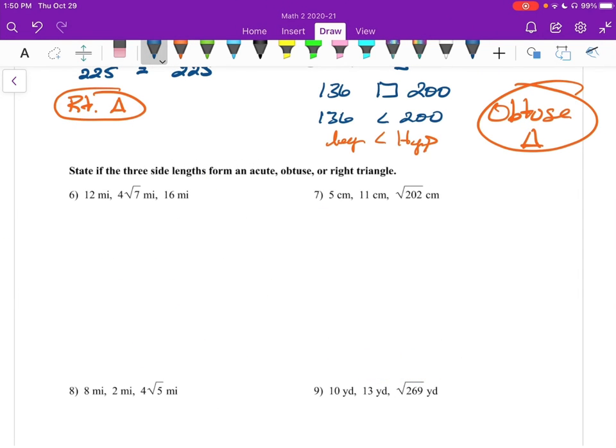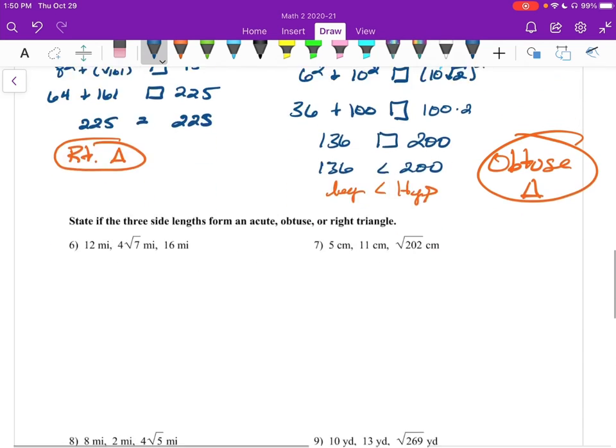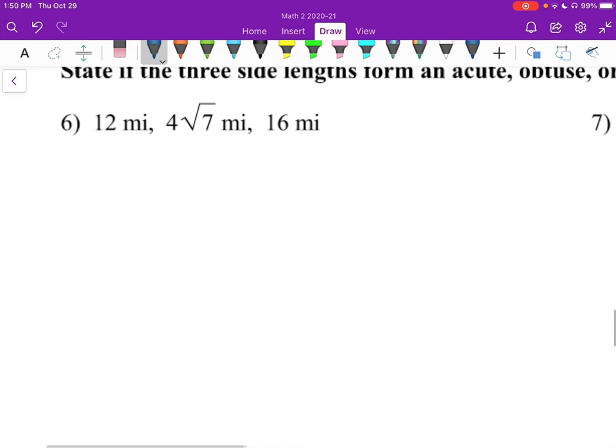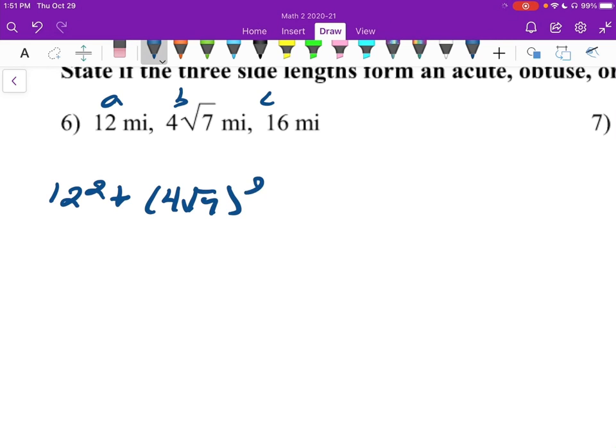All right, next up, we're doing the same thing as what we did in the first problems, only now we don't have a picture. So, number 6, we're going to have A, B, and C. And I believe in all of these, they're in order A, B, and C. Let me double check. Yes, isn't that awesome? So we're going to have 12 squared plus 4 root 7 squared box 16 squared.